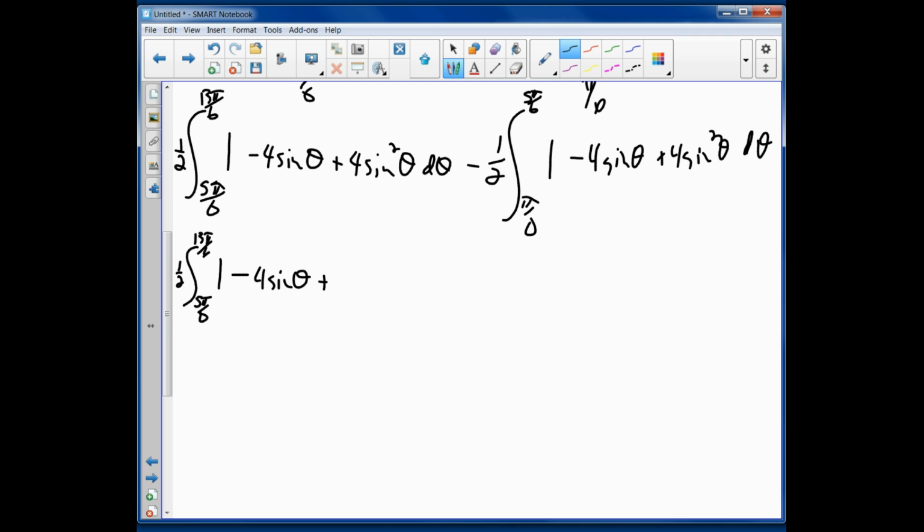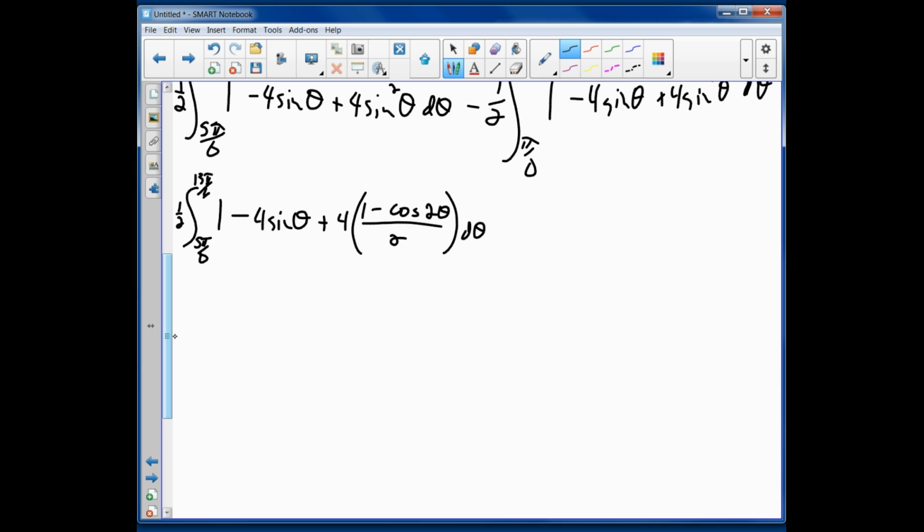Now this 2 and that 4 cancel to give me a 2. I can distribute the 2 through here. That's plus 2 minus 2 cosine 2 theta, which is 3 minus 4 sine theta minus 2 cosine 2 theta.